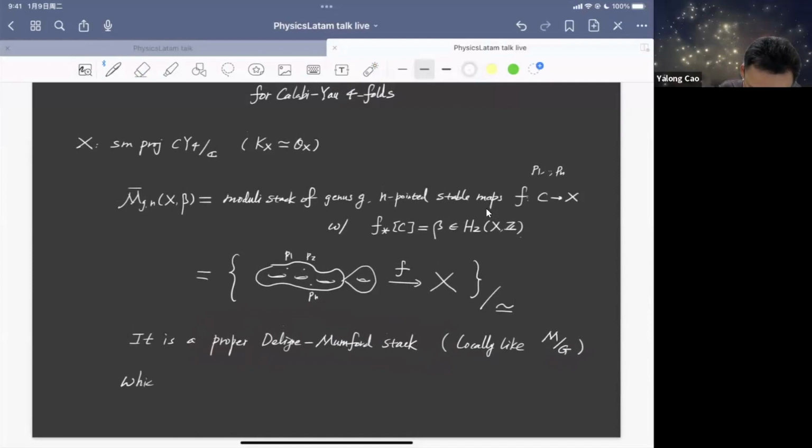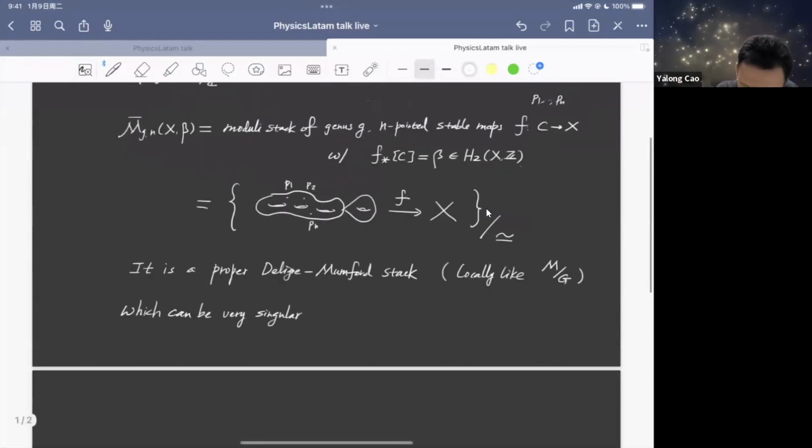So such a space can be very singular, and also possibly with different irreducible components of various dimensions.